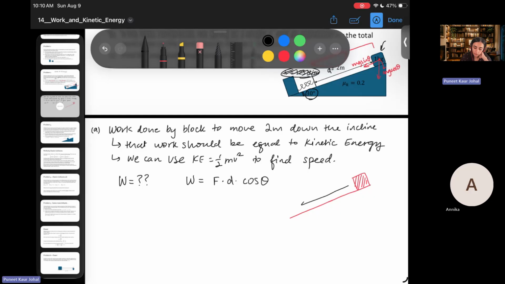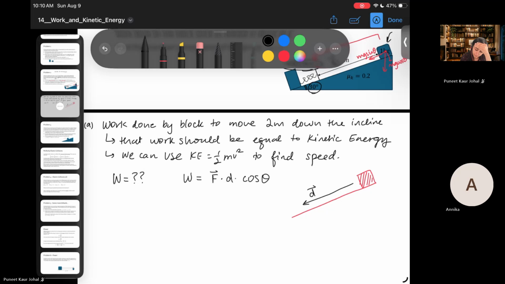What is the direction of motion? This way. So friction is the other way. But right now I'm talking about F net. This has to be F net, by the way. Direction of motion is this way. mg sine theta is this way.